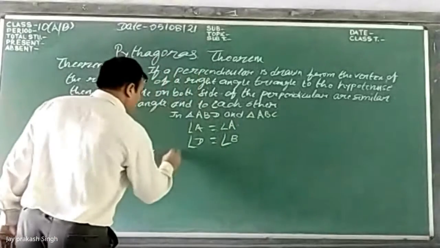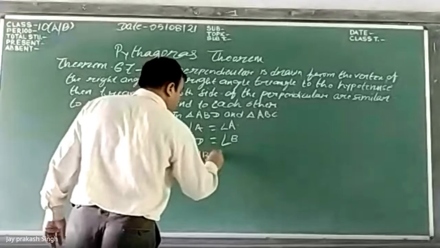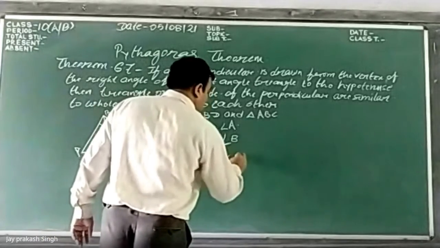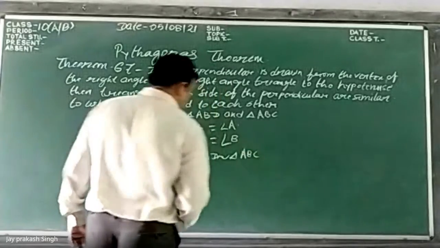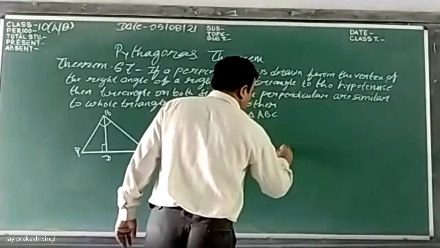So triangle ABD is similar to triangle ABC by AA criteria of similarity.